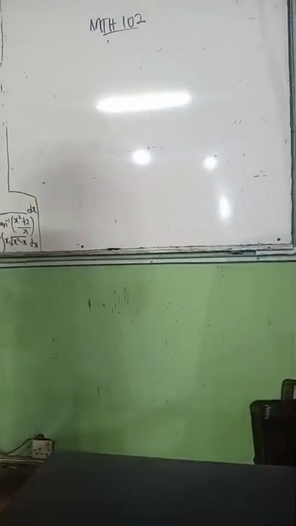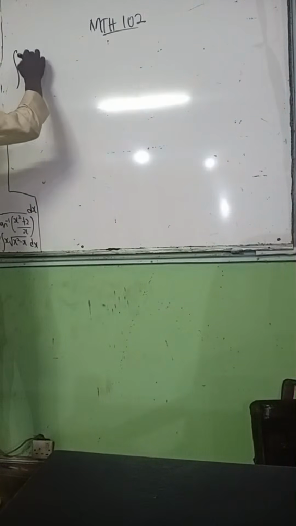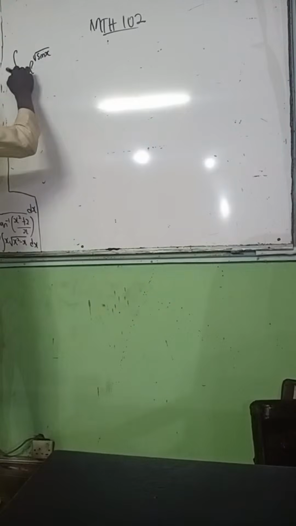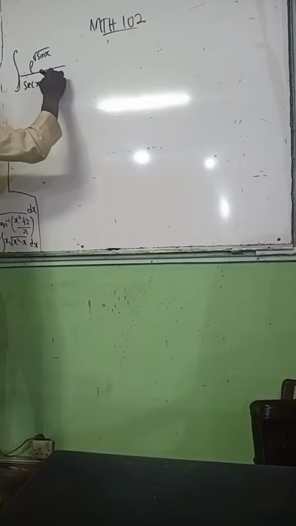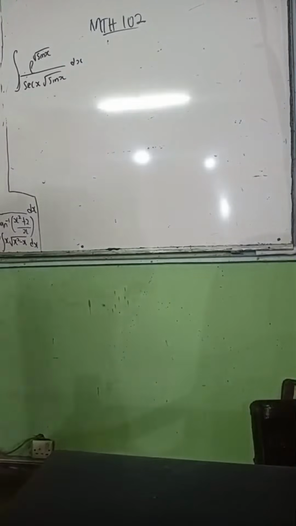The next question says integral of e raised to power root sine x divided by sec x root sine x dx. What's the first thing that you think we should do?